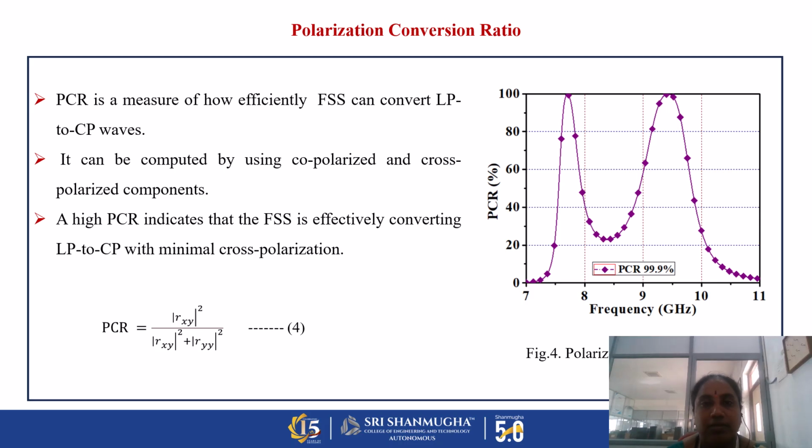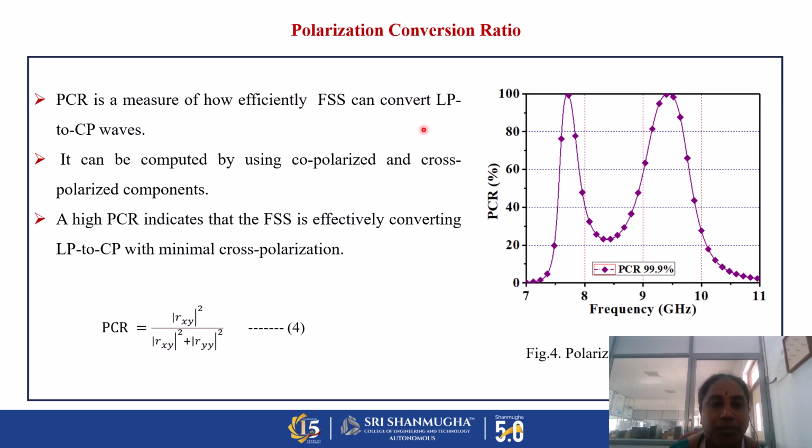And next, this is the polarization conversion response. After calculating the polarization results, this is the general graph for the PCR. So here we attained 99.9 percentage. This is the formula for calculating the PCR. In general, the PCR measures how effectively the FSS can convert LP to CP.